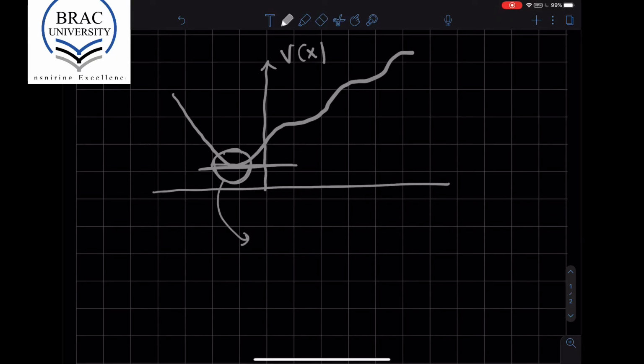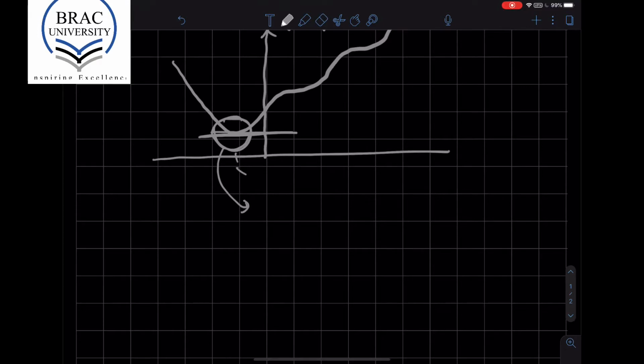In other words, if this point is, say, x0, we will expand the potential around that point. The minimum value of the potential is going to be V(x0), so that's going to be this height.